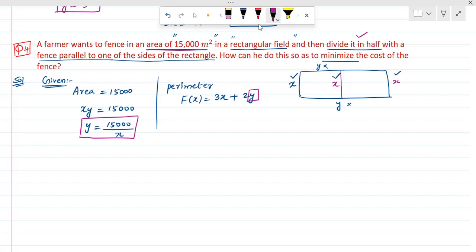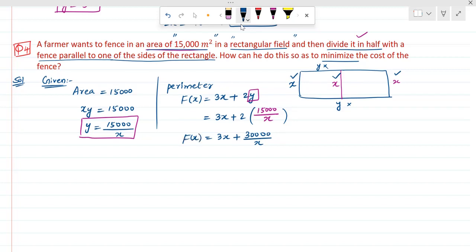Replace y with this one. So here you will have 3x plus 2 times 15,000 over x. Now if you simplify, you will get 3x plus 30,000 over x. So this is my f of x.